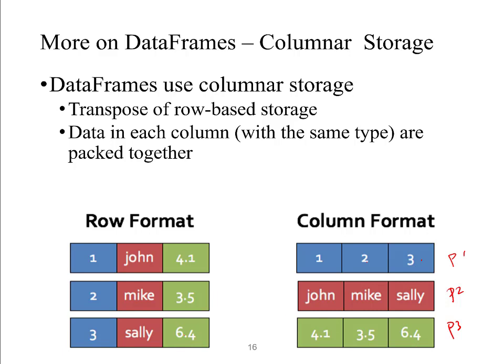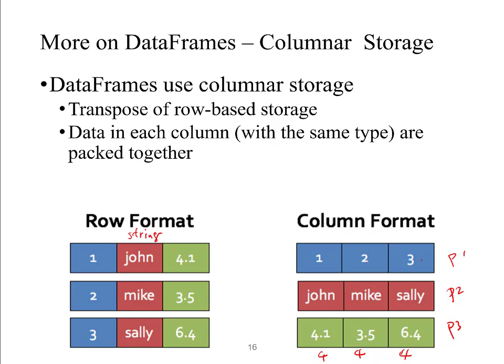Let's see if we want to get the third column in the third row. Again, the float is 4 bytes as well, so we can compute the offsets as well. But if we store it in the row format, then we can't know the offset because we have a string column here, and the length varies, right?